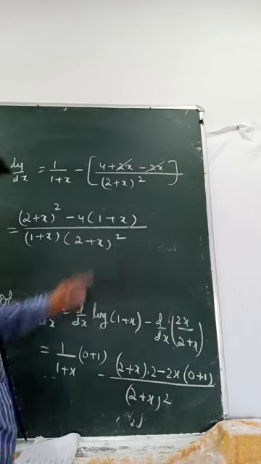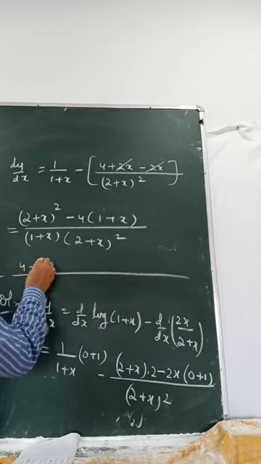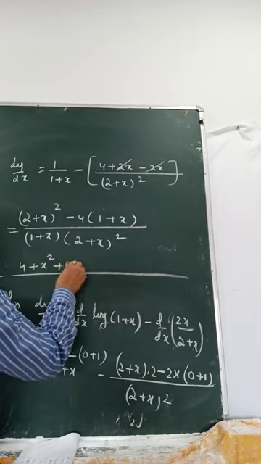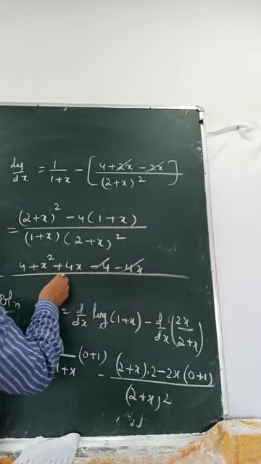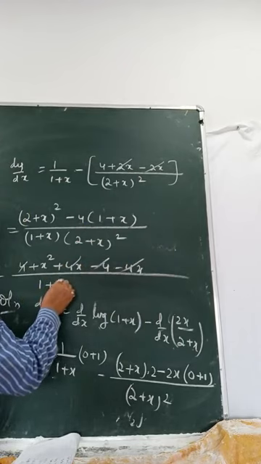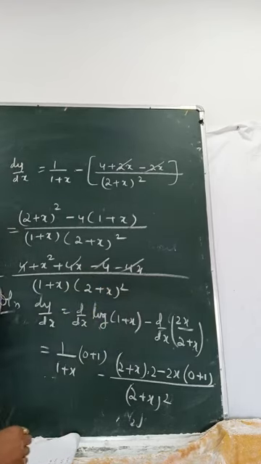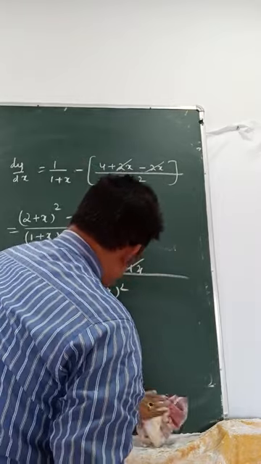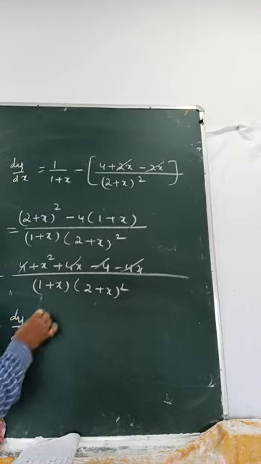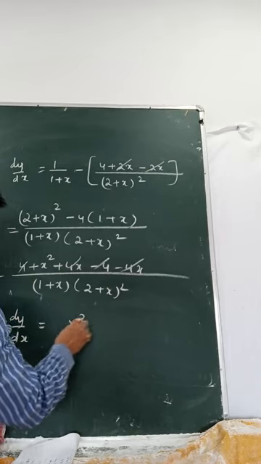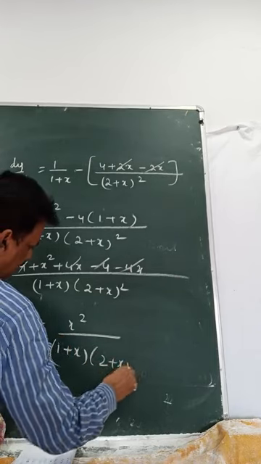Now how to simplify? This is 4 plus x square plus 4x minus 4 minus 4x, which gets cancelled. Now the conclusion is dy by dx is x square by (1 plus x)(2 plus x) whole square.